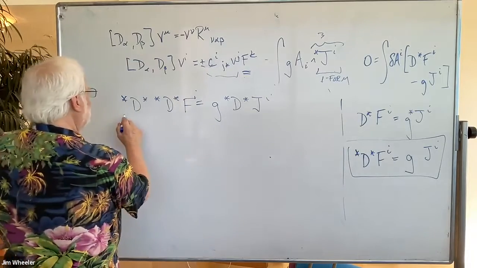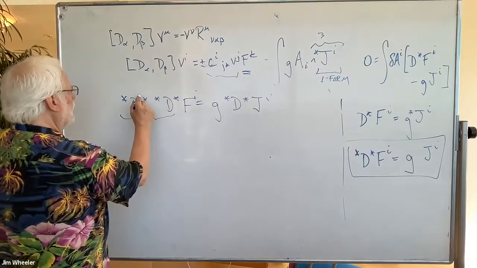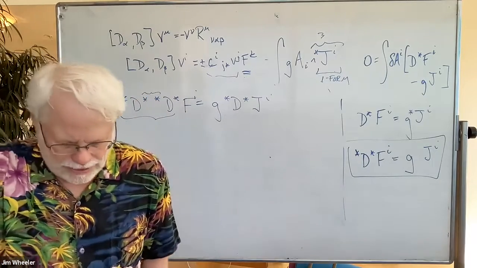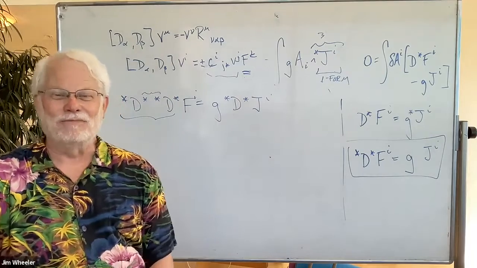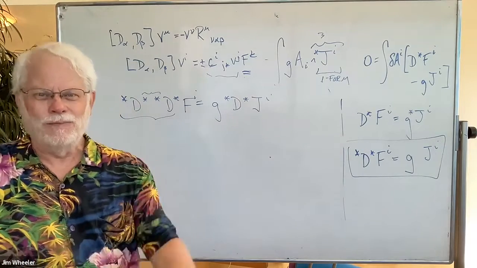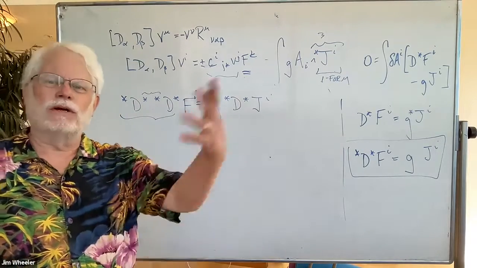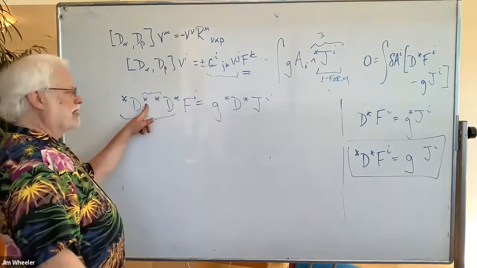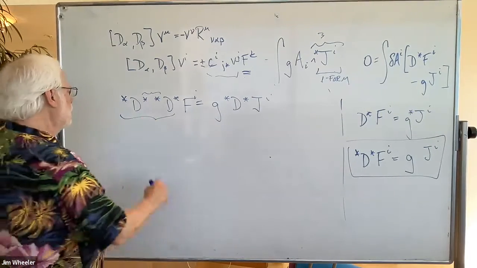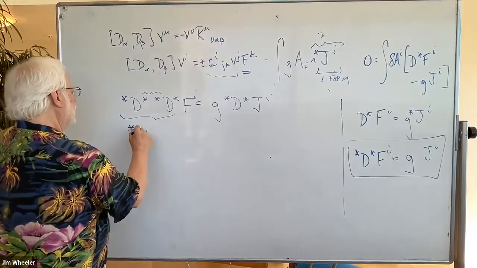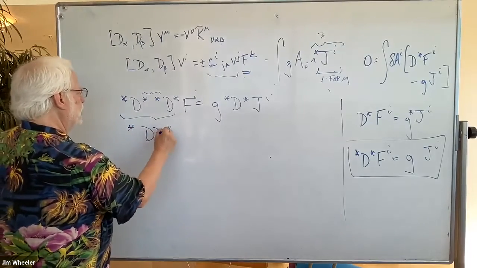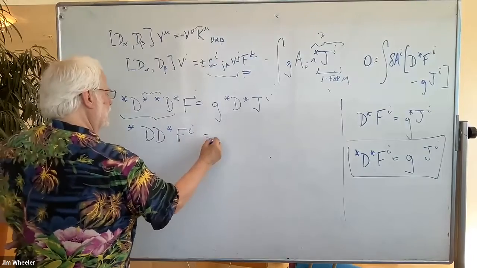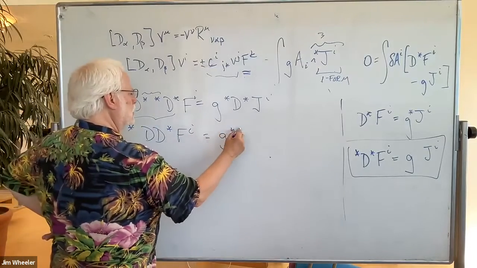Now, this divergence operator, the Hodge dual of the Hodge dual, is an involutive automorphism, you know, it squares to 1. So you take the dual of the dual, and you're back to where you were. So this is just star of D of star of F. And that's our divergence.